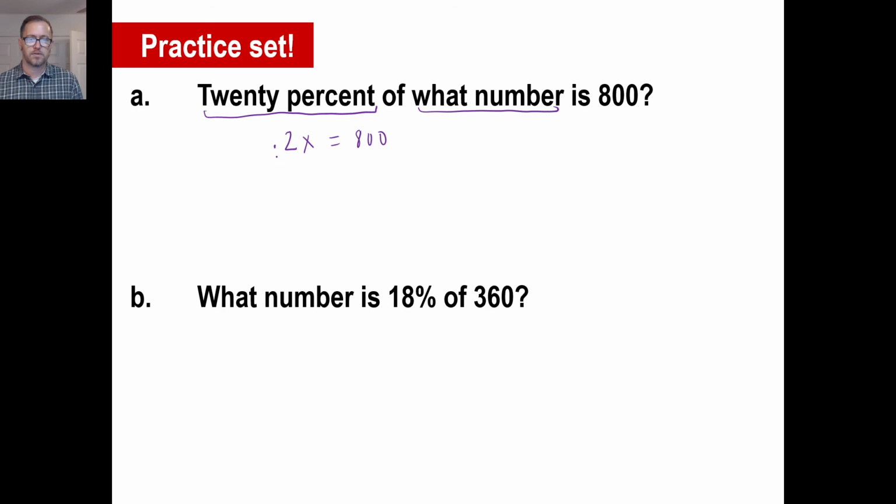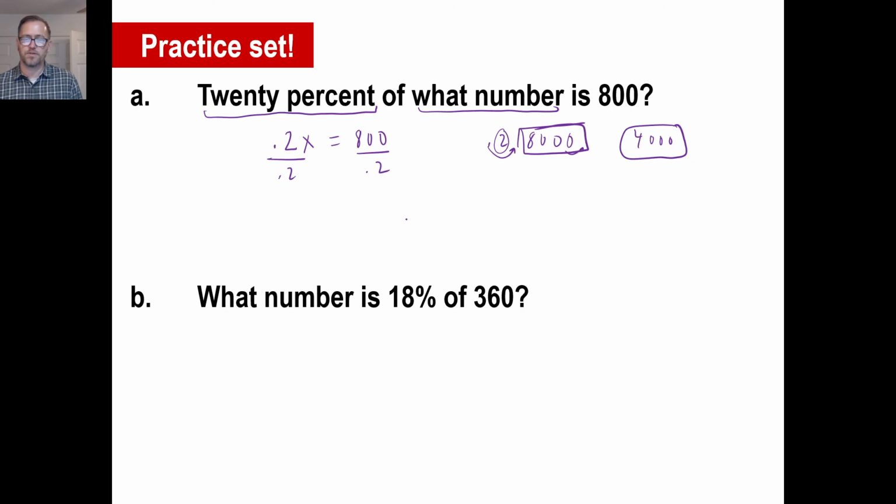So just divide by 0.2, divide by 0.2. 800 divided by 0.2, let's see, 0.2 into 800. That's going to be a 2. And then, well, you can see that 2 goes into 8,000 how many times? 4,000 times. There you go. And so I get 4,000.